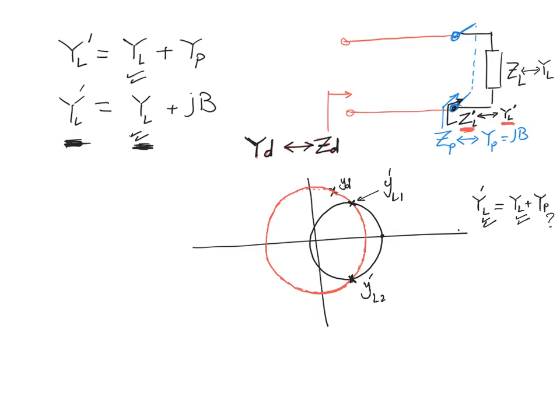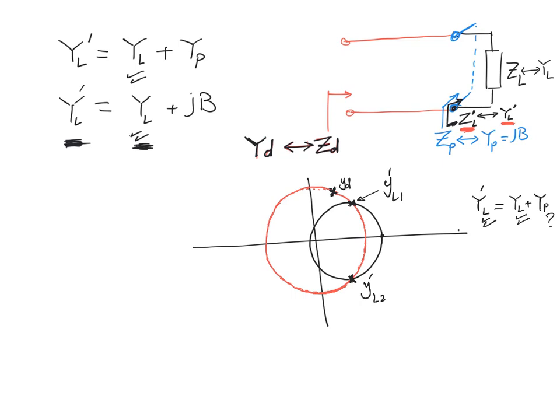After figuring out the parallel admittance, I have already figured out all my design, because I have the location of the desired point and the starting location, which is the point that I start from.